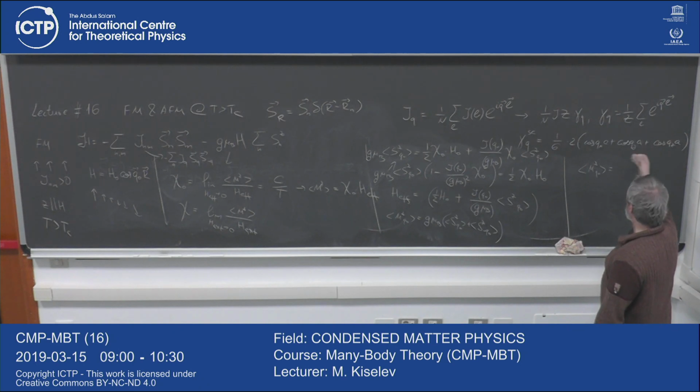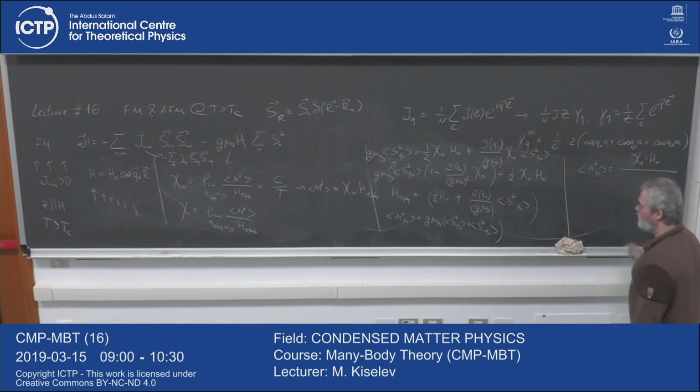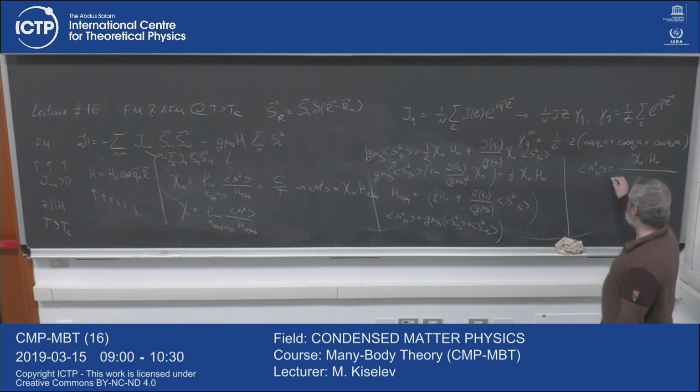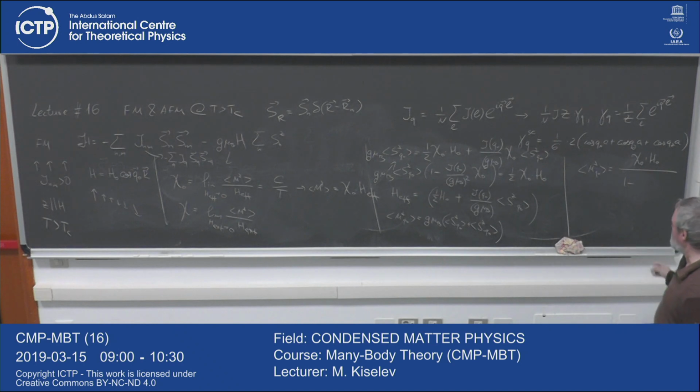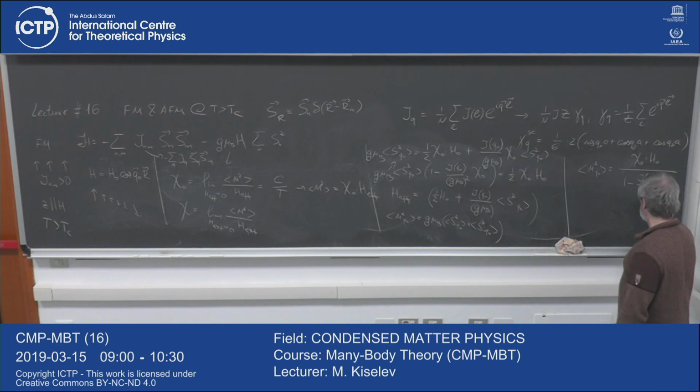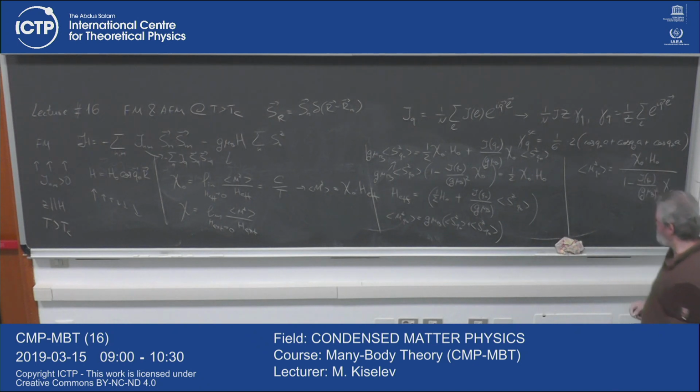No, it's chi node times h node divided by 1 minus g q node divided by g mu bar square times chi node.